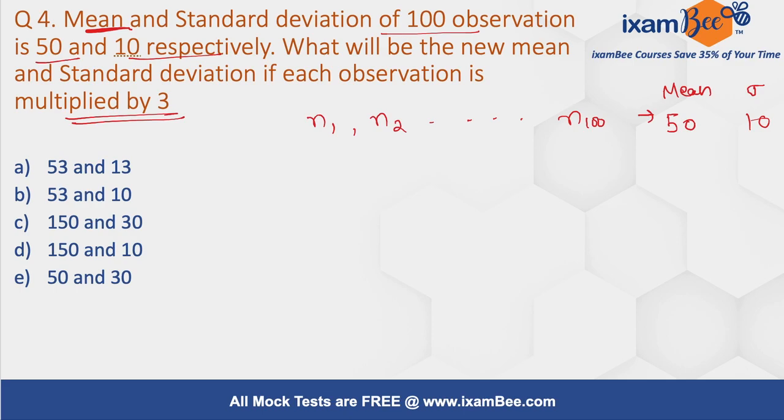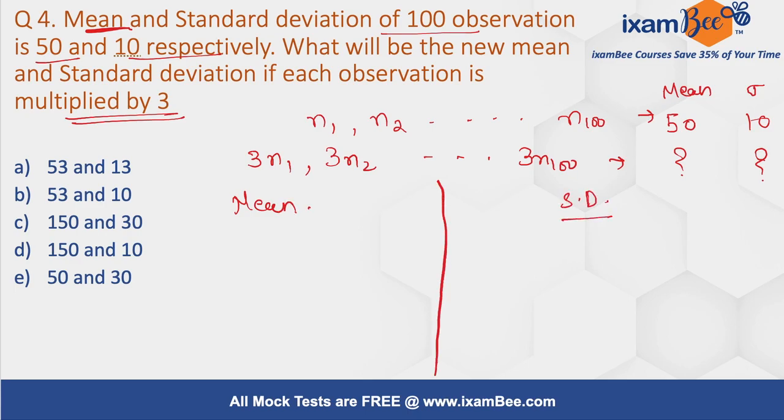Now what happened? Each observation is multiplied by 3. So instead of n, it becomes 3n: 3n1, 3n2, like that till 3n100. So now what should be the new mean and standard deviation in these cases? It is a very simple question, and now we see what should be the case.